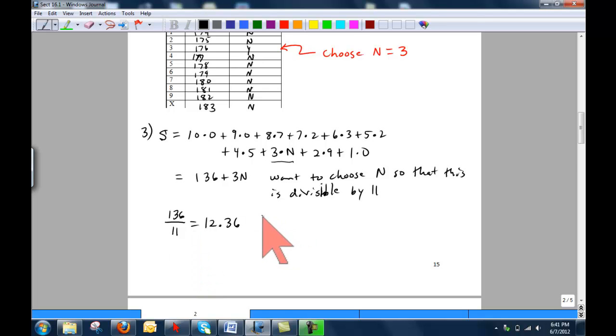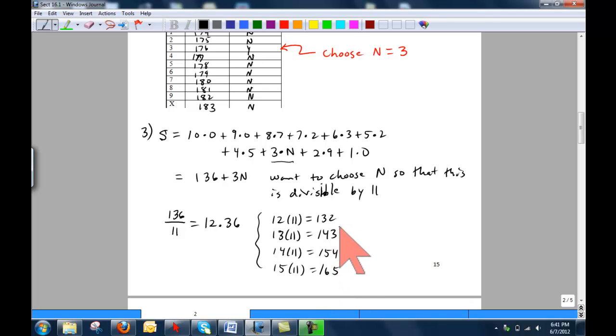So let's list some possibilities. 12 times 11, in fact, is 132. 13 times 11 is 143. 14 times 11 is 154, and 15 times 11 is 165.